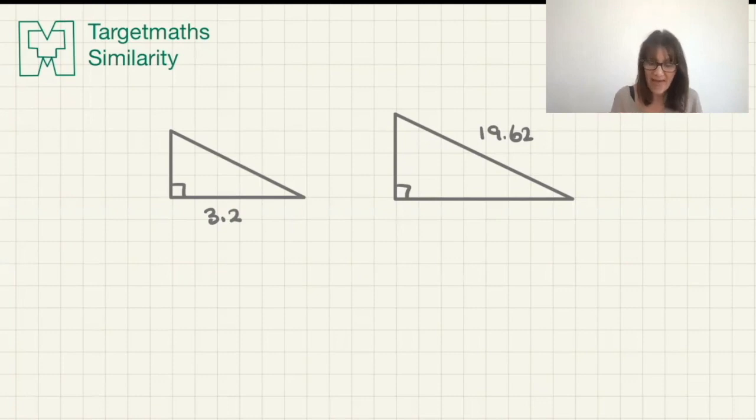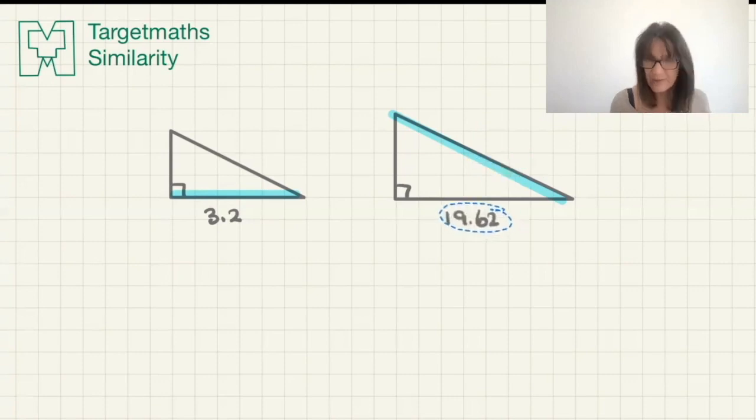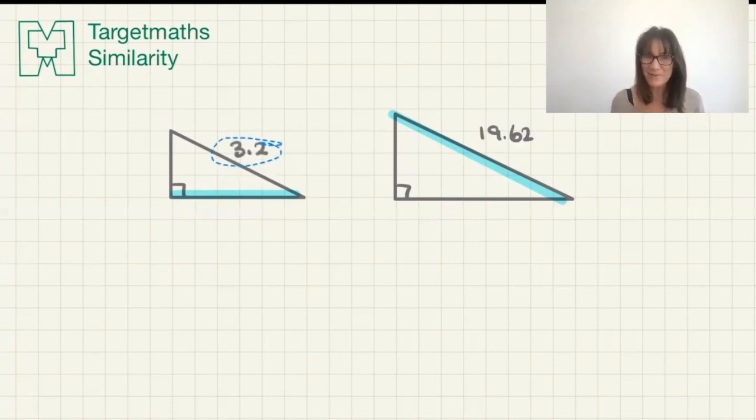I've got to pair a similar edge to a similar edge. And this is the base of the triangle, and this is the horizontal. There's nothing the same about those edges, so they don't pair. Can't use those numbers together to find a scale factor. If I have that here, it would work. If I had that there, it would work. So we might as well leave it there now.